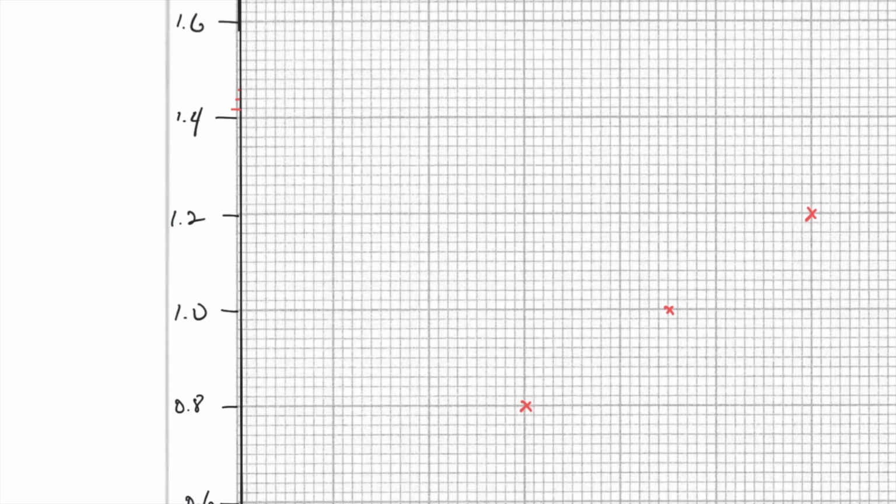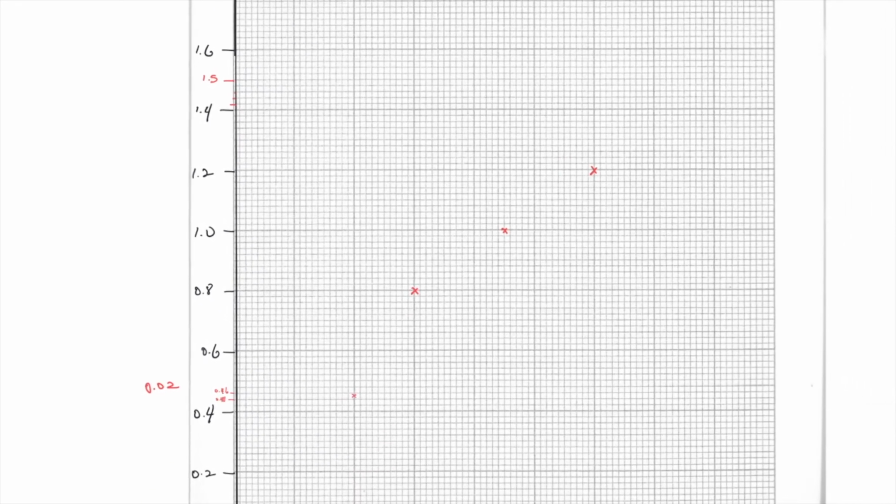Right, so we have 1.42, 1.44, 1.46, 1.48, 1.5. So this is the line with 1.5. So if this is the point 1.5, it means we have to go across here and find 0.7.